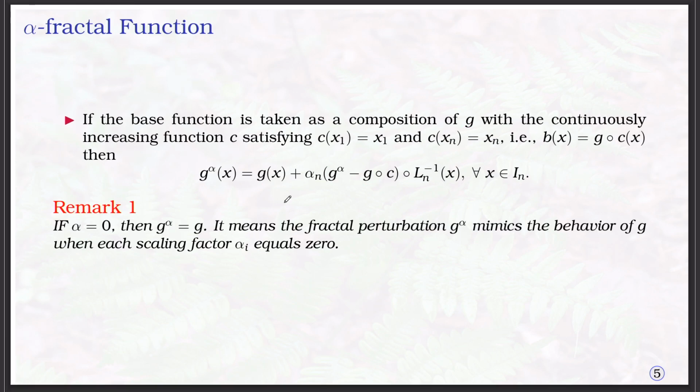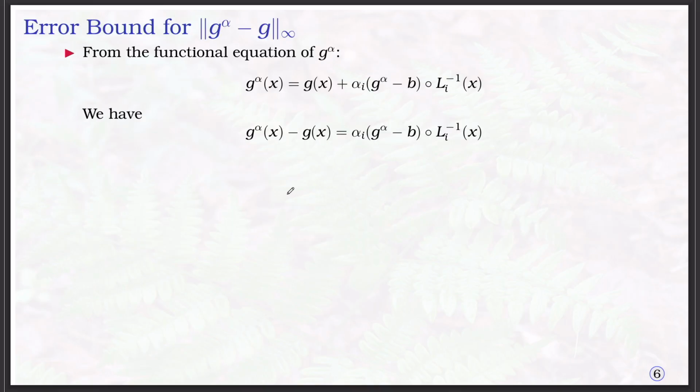Then here also if you are taking alpha as 0, then g alpha equal to g, it means that the fractal interpolation function g alpha, that means the fractal perturbation of g, mimics the behavior of g when each scaling factor alpha I equals 0. Fine.